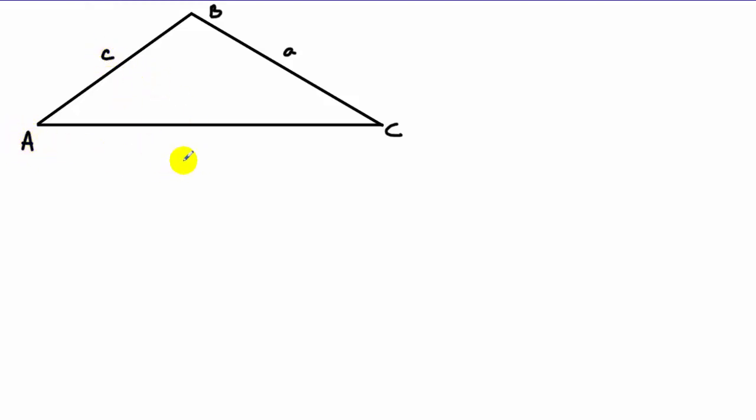So little b and little c. And let's say we're given the following. We're given the angle A, just like in the last problem, the side c, and the angle C, and we're looking to find this side a.